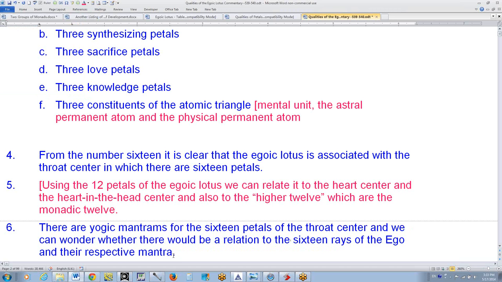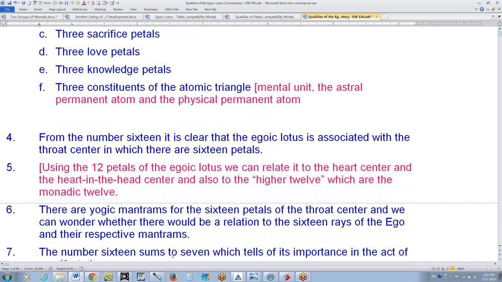Maybe mantra is the plural, but it's possible that mantram is the singular, mantrams is a kind of a plural. Mantra can be a plural, but since it's not much used that way, we'll just use it this way. So maybe there is a relation.